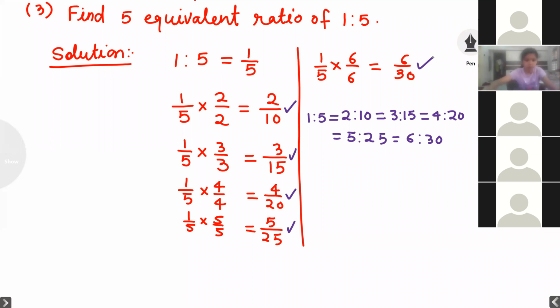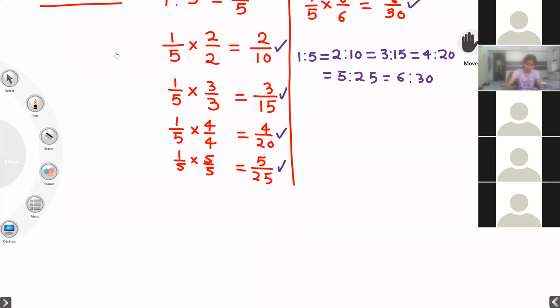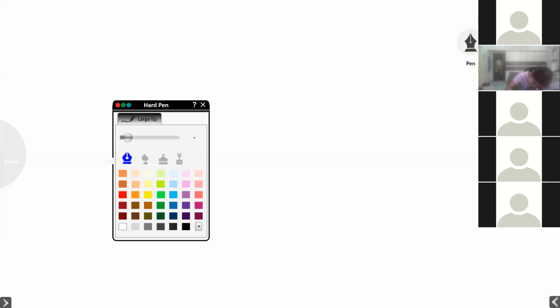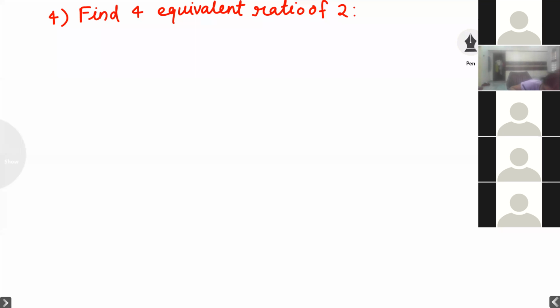Example 4. Find 4 equivalent ratios of 2 is to 3.